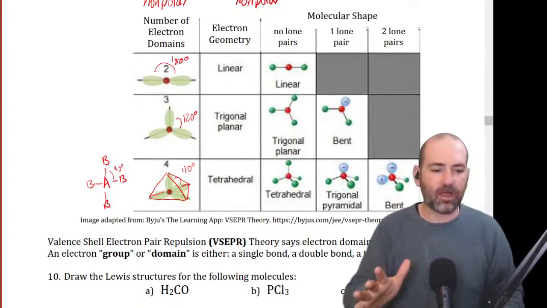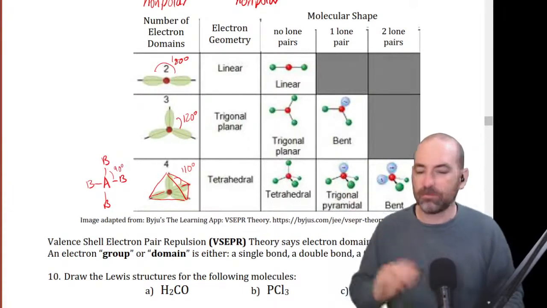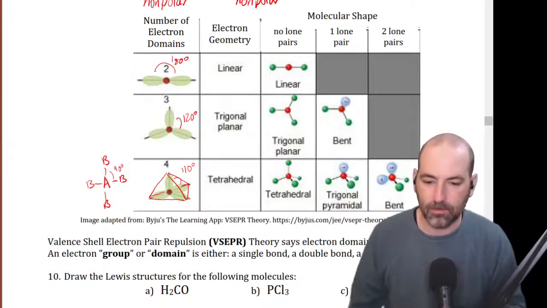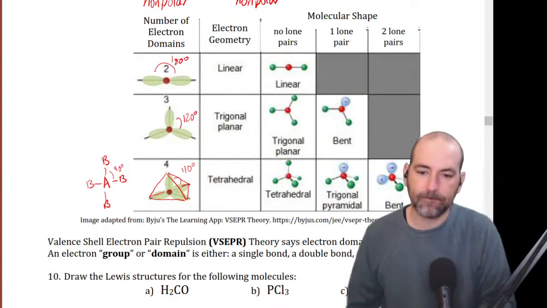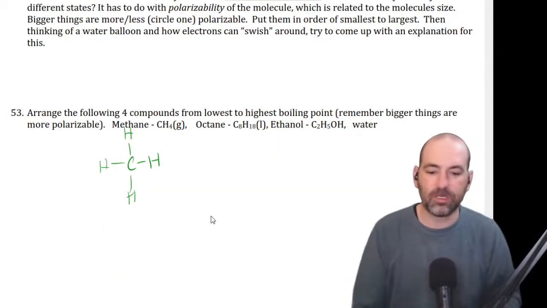And a couple of people asked, I will put this chart on the exam. You don't have to memorize this, but you do have to know how to use it. All right, so back to this. So that would be tetrahedral.